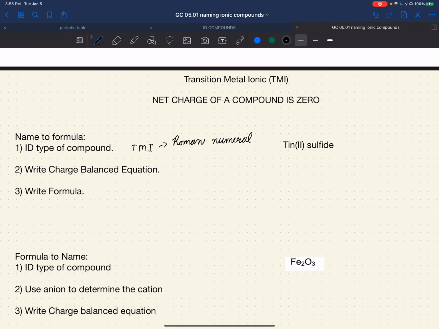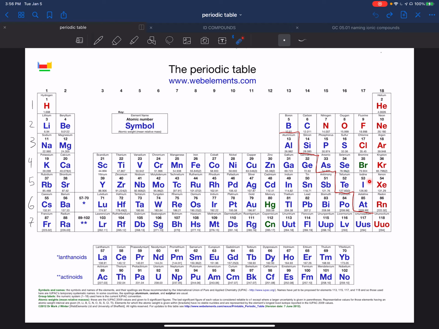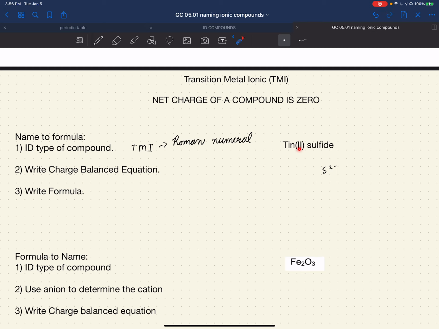And I occasionally see people say things like it's got a charge of -4. No, I've seen some crazy stuff. Tin could have a lot of different charges, but we have it right there in the name. Remember that the Roman numeral gives you the charge of the metal.